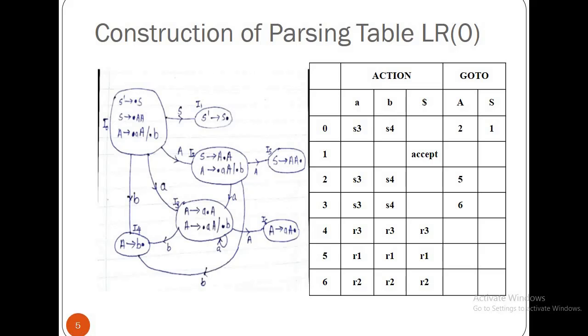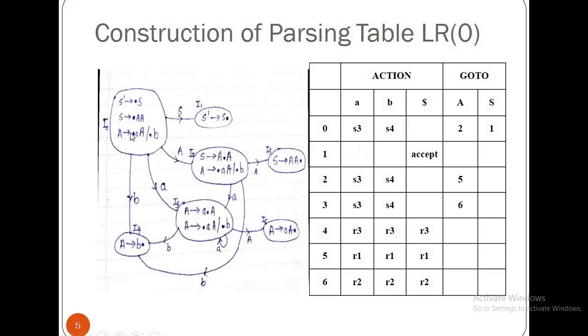And for construction of LR0 table, for every kind of parsing table, the table is going to be in the same format: action and go to. Action will always comprise terminals, go to will always comprise non-terminals, and the number of rows will be equivalent to the number of states which you are going to get in the transition diagram. And these shift and reduce actions are written with respect to this.